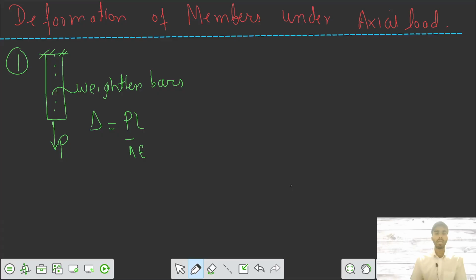From the concept that stress equals modulus of elasticity into strain, with stress P by A, where A is the cross-sectional area, and strain being change in length upon original length, we got PL by AE.